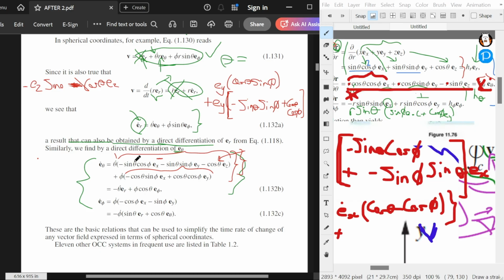Theta dot. Where did they get theta dot? I don't see any thetas in there.